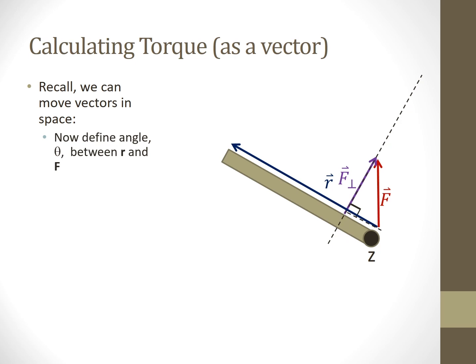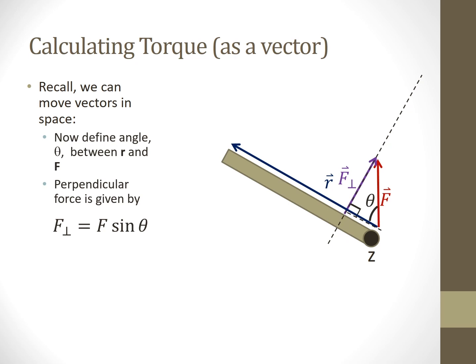Now we need to define the angle between the r vector and the F vector. Here we're going to call that angle theta. At this point we have our vectors defined. We have the perpendicular force, F perpendicular, in purple, and we can define that based on trigonometry here.